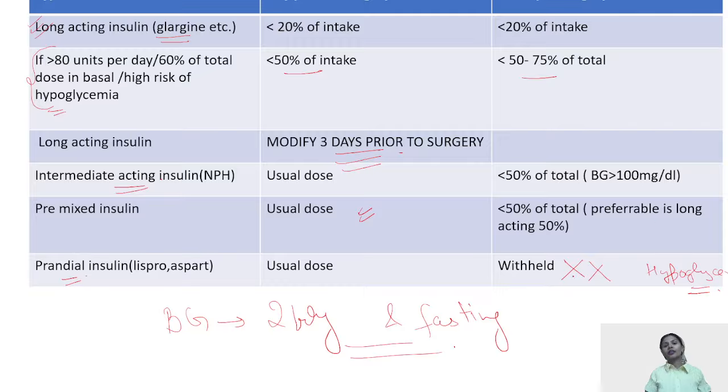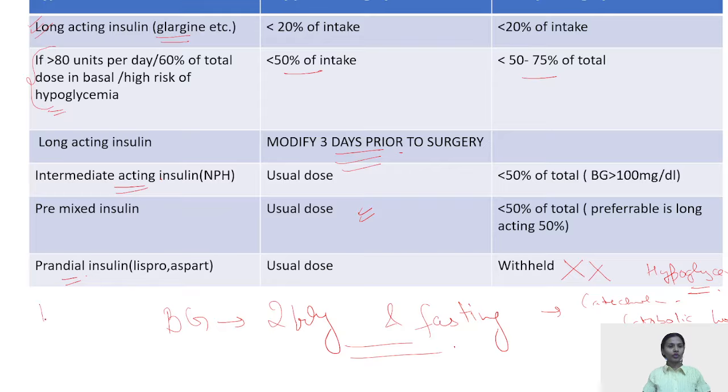Please remember, surgery releases a lot of catecholamines and catabolic hormones, which leads to an increase in glucose production, which can be quite detrimental to such patients. That is the main reason why insulin is continued, taking into account the blood sugar levels.